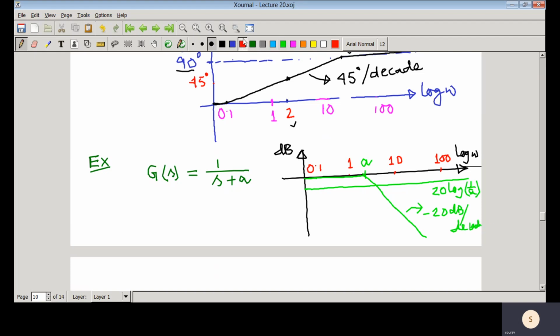So basically it would be flat up to this, and then the slope is minus 20 dB per decade. This is the asymptotic Bode plot, that is the gain.